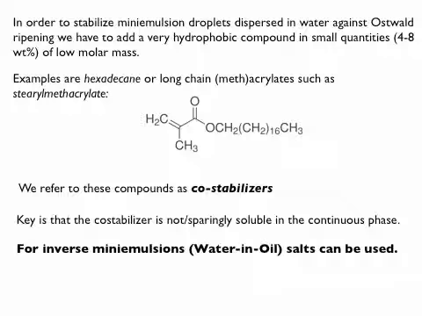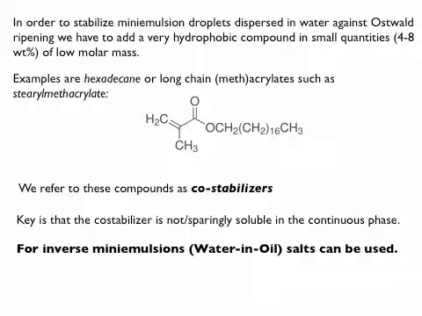So, for example, hexadecane, C16, is a good one, or long-chain methacrylates in this case, such as stearyl methacrylate. If you add 4 to 8 weight % to your formulation, then you can end up with a stable mini-emulsion, with stable meaning instead of ripening in 50 minutes, it'll be stable for half a year to a year, or even longer. That basically means that then you can start doing really interesting chemistry.